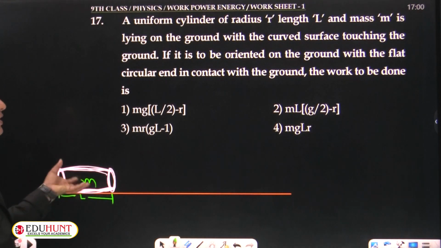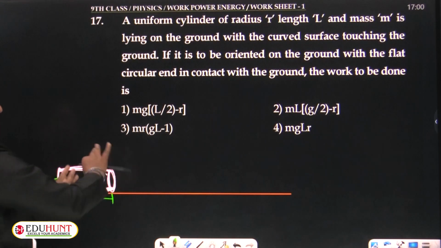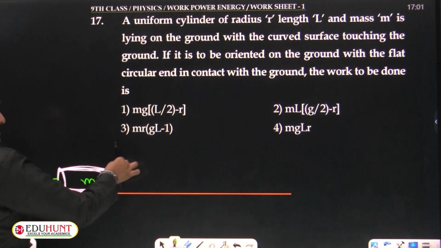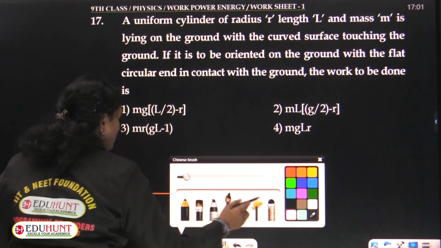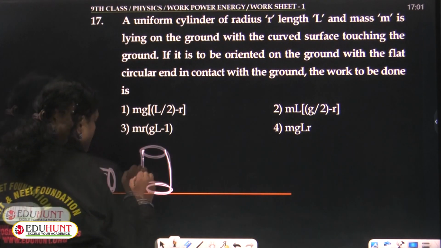If it is to be oriented, its direction should be changed. Oriented on the ground with the flat circular end in contact. So, now it is in the horizontal position. Now we have to make it stand something like this. Then the new position of the cylinder will be something like this.